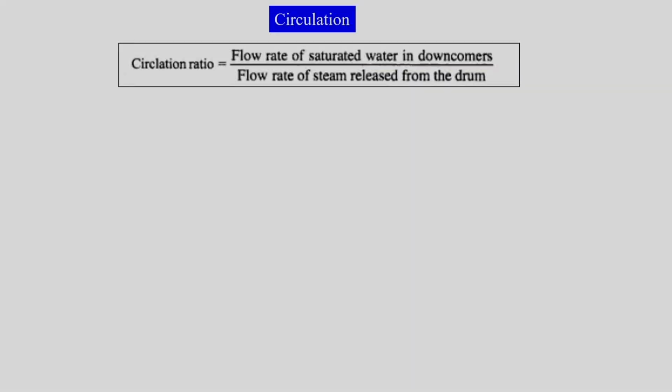Here, this whole circulation can be quantified on the basis of the circulation ratio, which is defined as the flow of saturated water in the downcomers divided by the rate of steam released from the drum. Basically, the circulation ratio means that x or y kg of saturated water comes down from the downcomer for 1 kg of steam released from the drum.